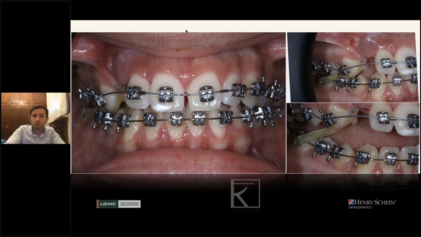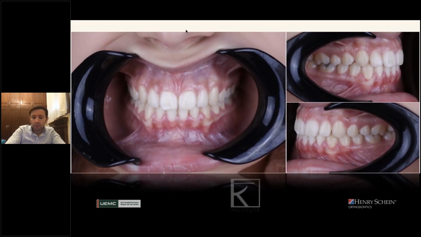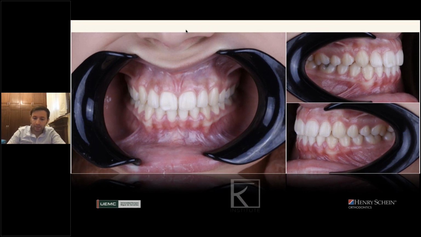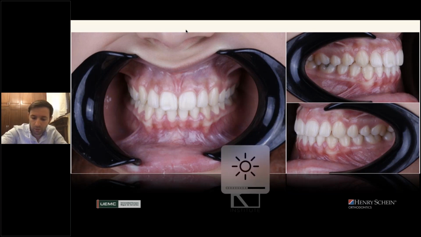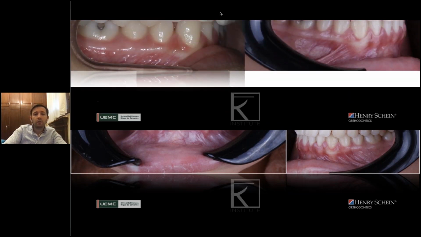Look at this patient now, and look at this patient at the end of the treatment. If you see the image, one second, you are going to see that the right canine is exactly in the perfect position, and we made the traction.